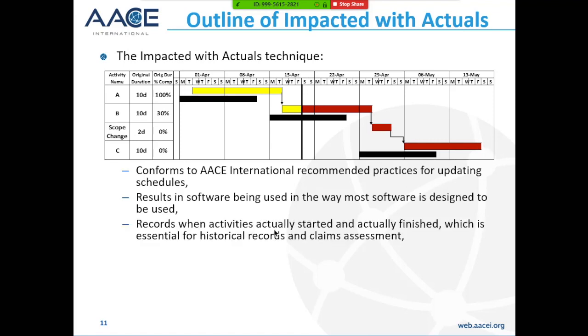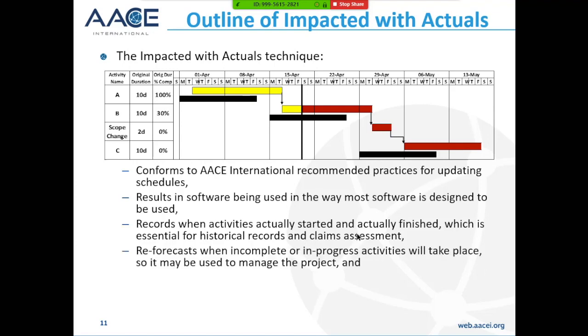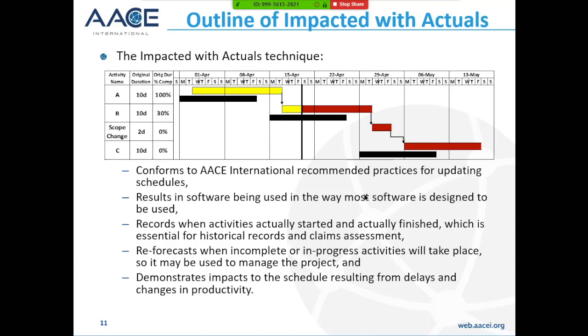It records when activities actually start and actually finish, which is essential for historical records and claims assessment. It reforecasts when incomplete or in progress activities will take place. So you can actually give this schedule to your contractors and tell them when you want them to do the work. It demonstrates impacts on the schedule resulting from delays and changes in productivity.